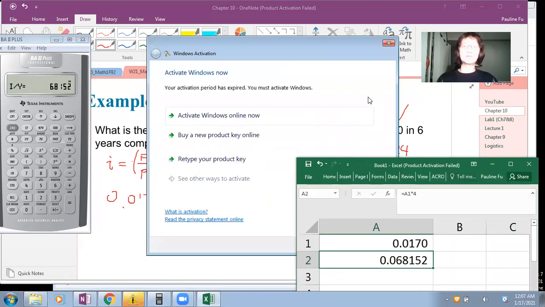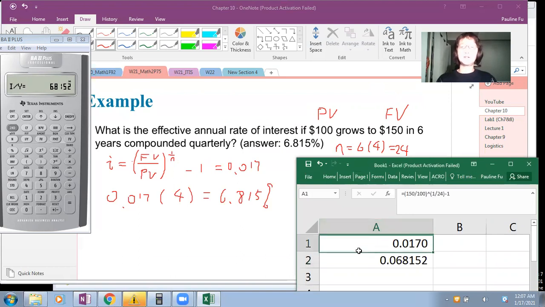So do we have an Excel method to calculate the rate? Yes, we do. The formula is RATE, and then NPER, term N, 24, PMT 0, PV negative 100, FV 150, and you get 0.017. The result from Excel usually refers to the periodic rate.